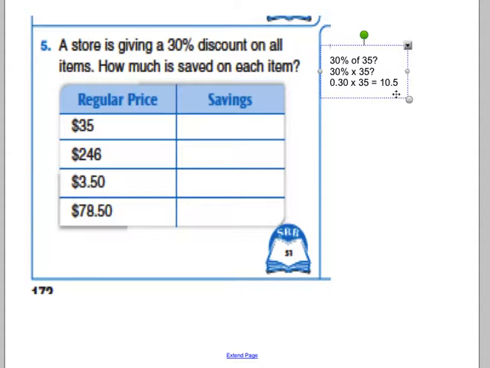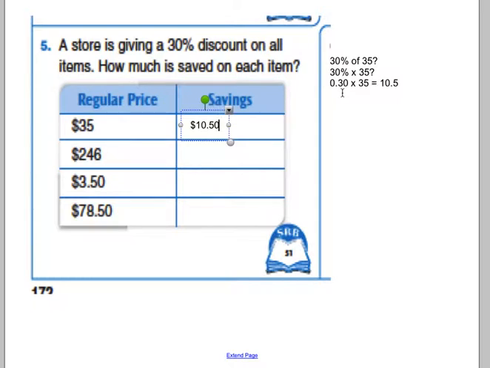So what would 10.5 be as dollars? Right, it would be $10.50. We would need to fill in that extra zero there in the hundredths place. And that's how easy it can be if you're allowed to use your calculator. Okay, just change your percent into a decimal and then multiply.